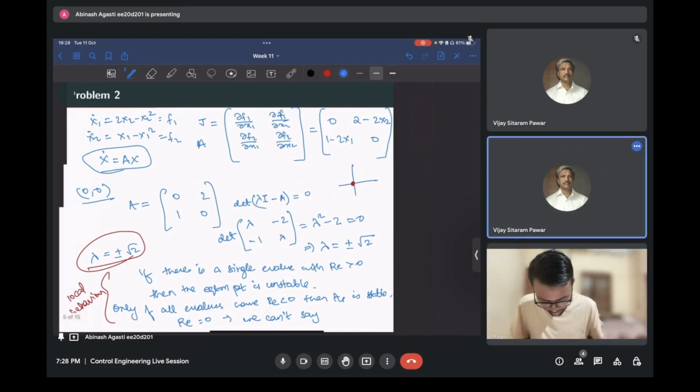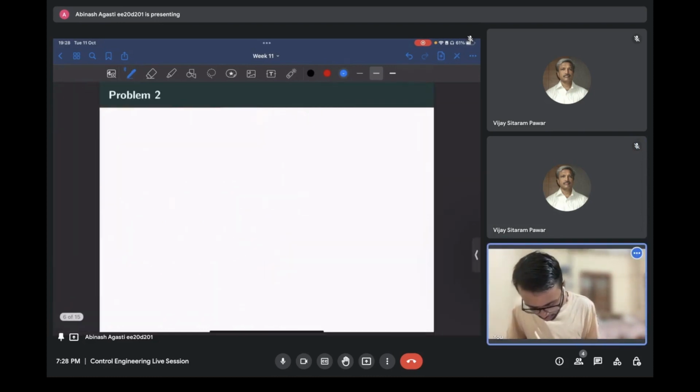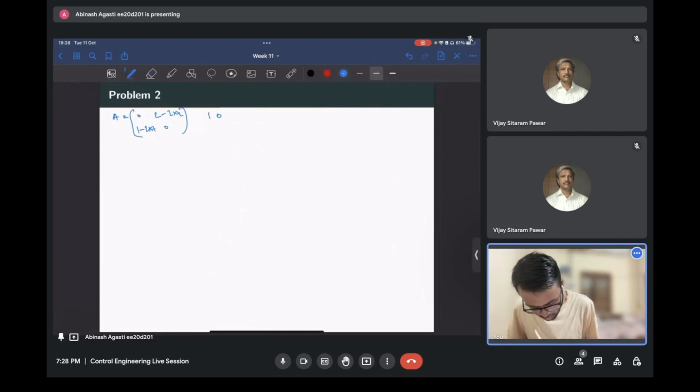Okay. Then we move on to the other equilibrium points. So A was [0, 2 minus 2x2; 1 minus 2x1, 0]. Right. So what were the equilibrium points? (1, 0). At (1, 0), A is [0, 2; −1, 0]. Right.